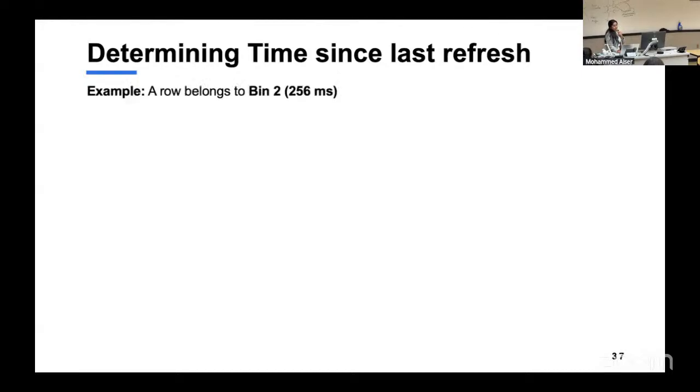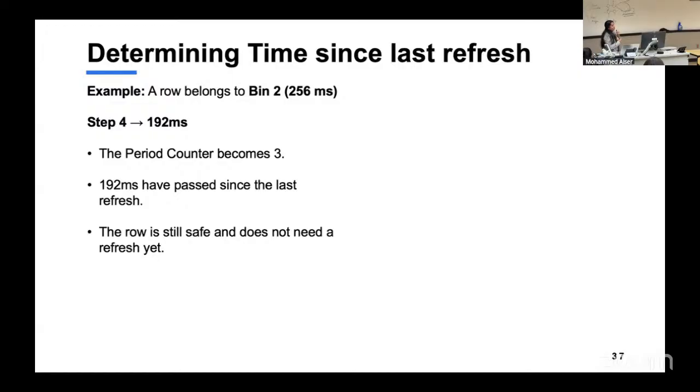And you may have a doubt why this 192 milliseconds has come. We are taking 192 milliseconds as an example, which belongs to the bin 2 of 256. So here, since the row time interval is taken as 192, the period counter becomes 3, and the 192 milliseconds has passed.